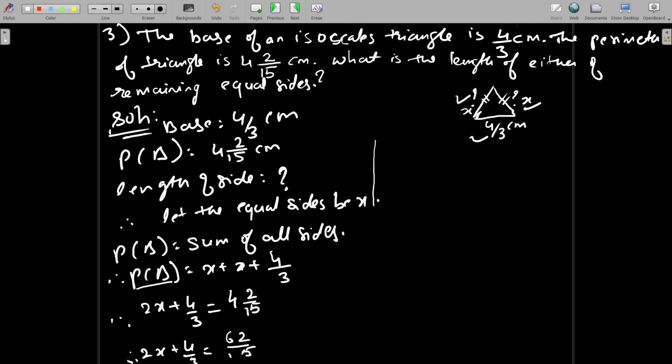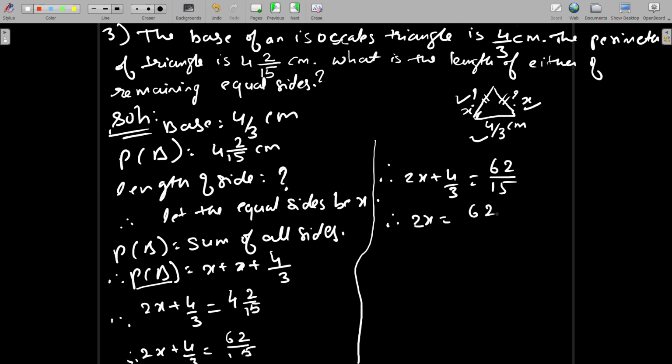Let me just draw it here. Therefore, if we arrange these numbers, we get 2x plus 4 by 3 is equal to 62 by 15. Therefore 2x is equal to 62 by 15 minus 4 by 3.